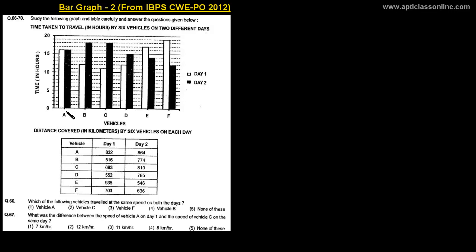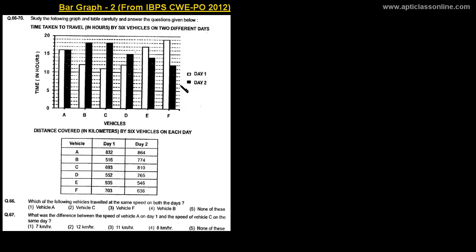So for example, vehicle A travels 16 hours in day 1 and also 16 hours in day 2, and similarly vehicle B travels 12 hours in day 1 and 18 hours in day 2.